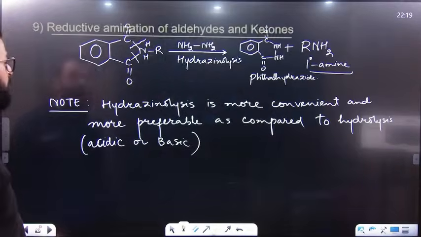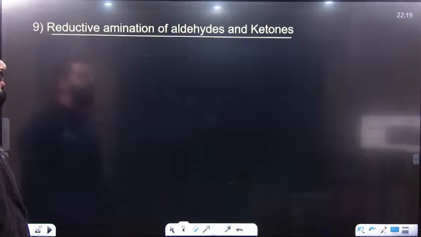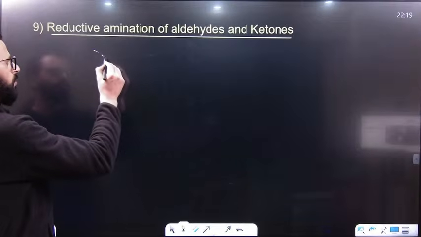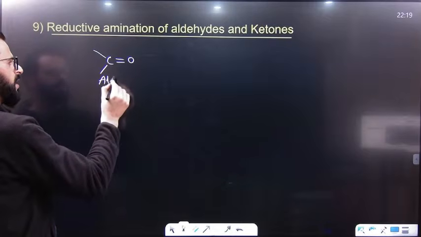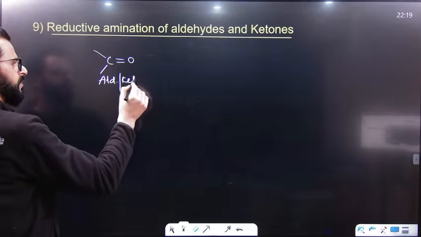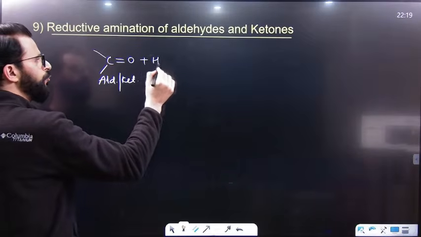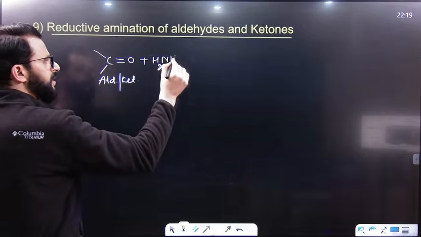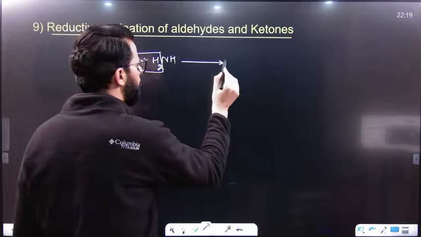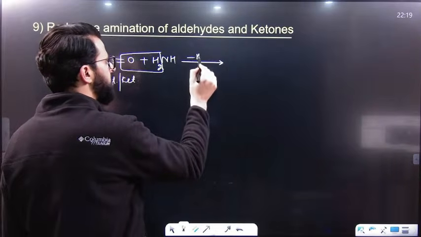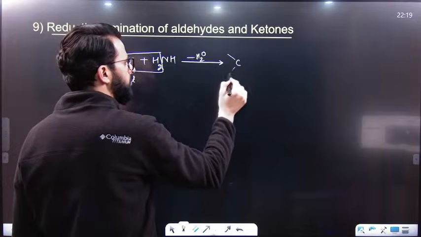another preparation is reductive amination of aldehydes and ketones. Have a look. Can I say this can be an aldehyde or a ketone? When it is treated with ammonia, it simply loses a water molecule. When it loses a water molecule, it results in the formation of imine.